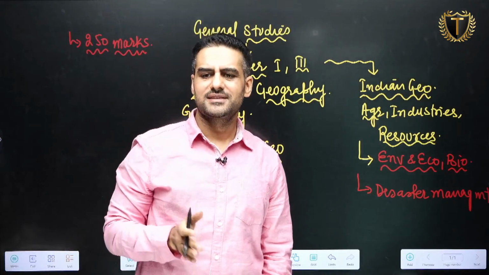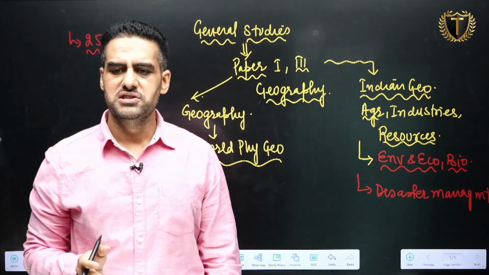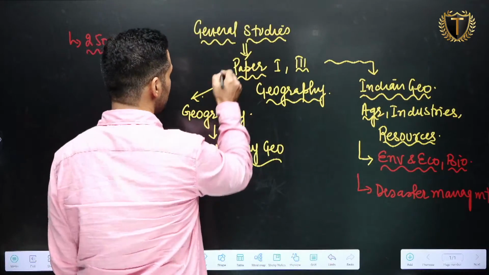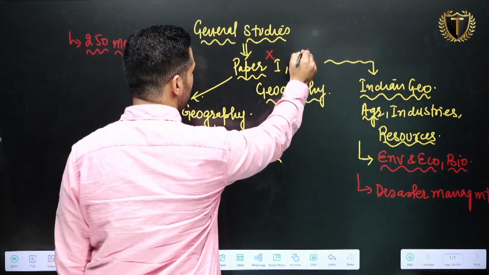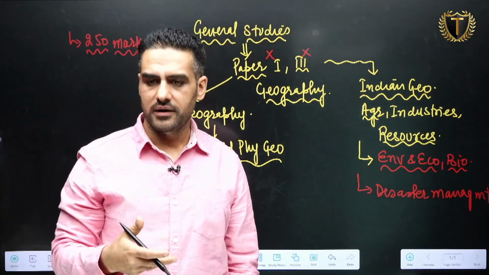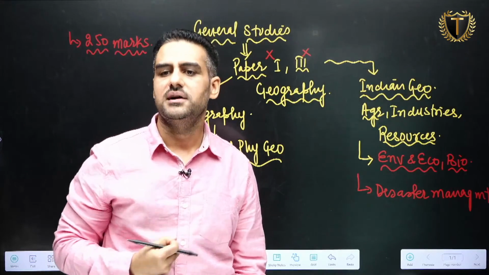Paper 4 of ethics is the only paper which has the highest weightage of 250 marks. Apart from that, geography is in paper 1 and paper 3, so it can also accumulate towards the second highest marks.